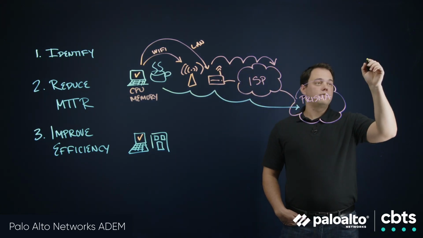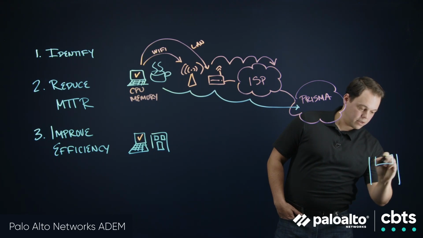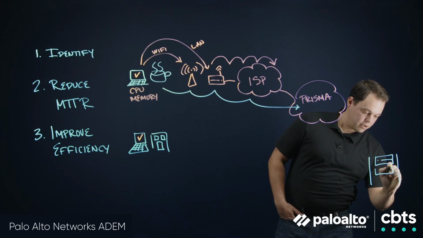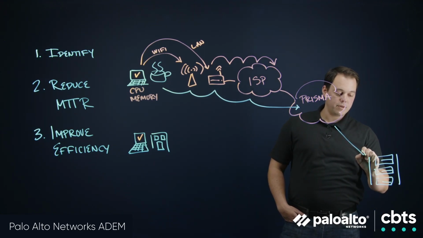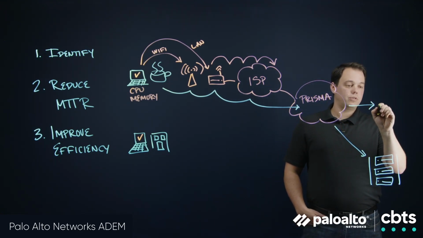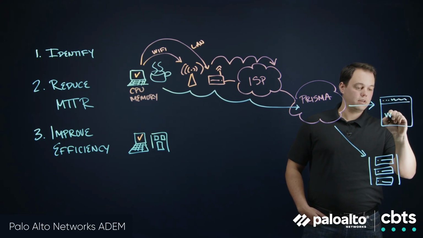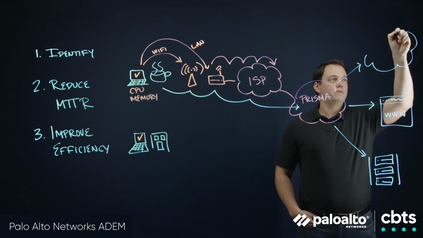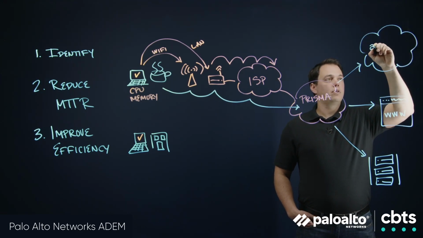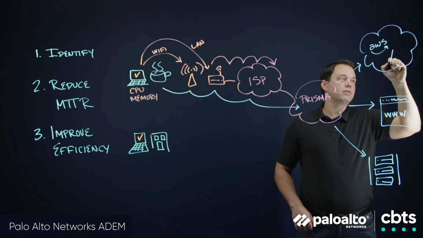This makes sure that we're effectively able to access resources wherever they are, whether that's in our own data center that would transit through Prisma, a user just accessing web pages, or accessing infrastructure in our own IaaS platform, whether that's AWS, Microsoft's Azure, or others.